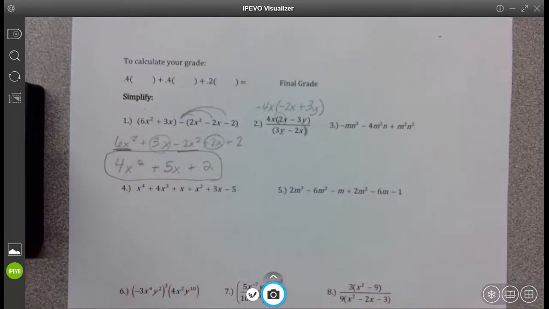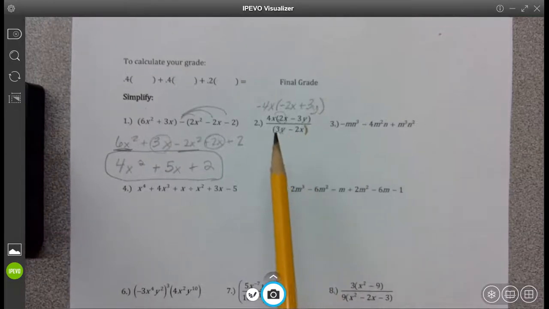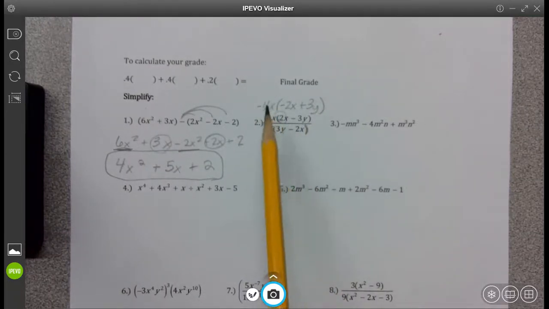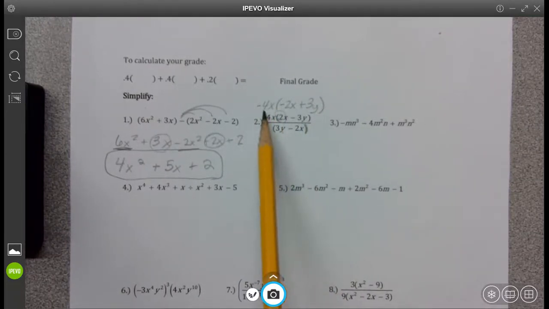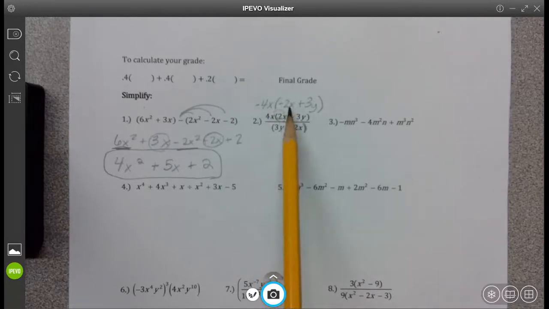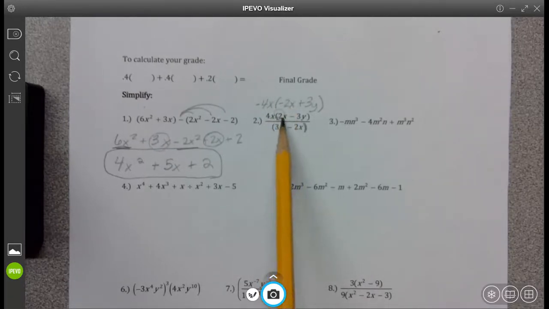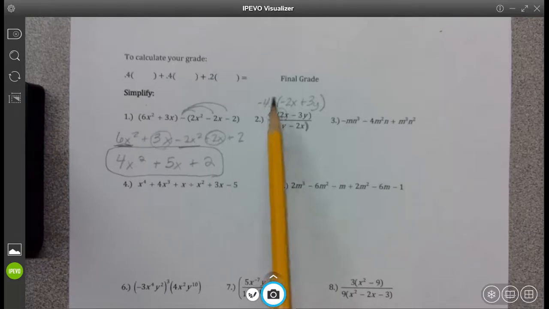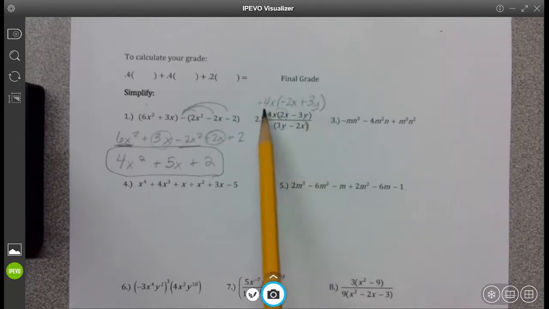So I'm allowed to do that as long as it gives me what I originally had. So if I had negative 4x times a negative 2x, that would be the same thing as 4x times 2x. If I had negative 4x times a 3y, it would be the same thing. So I just removed a negative 1, and I can do that as long as this is negative.